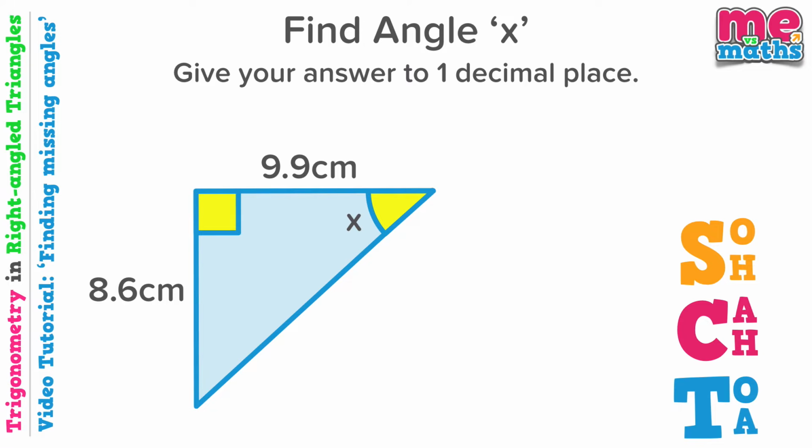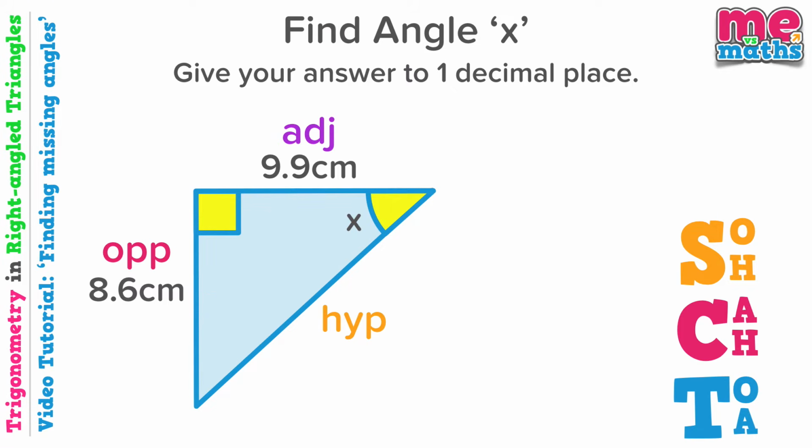This question then is asking us to find a missing angle. Apart from that fact, it looks fairly similar to the sorts of questions we were looking at in our previous tutorial. And most of our actions are actually going to be exactly the same as they were when we were finding a side. So step 1, as previously, label your sides first.